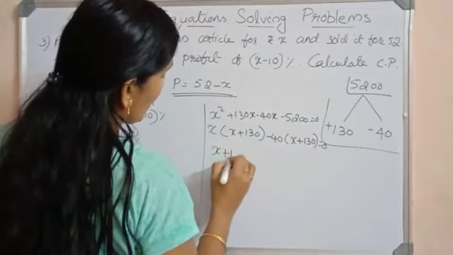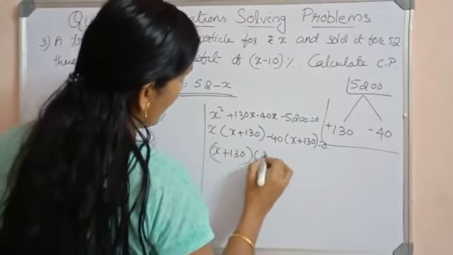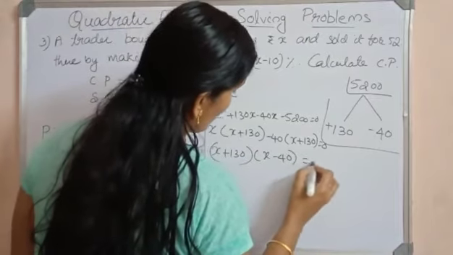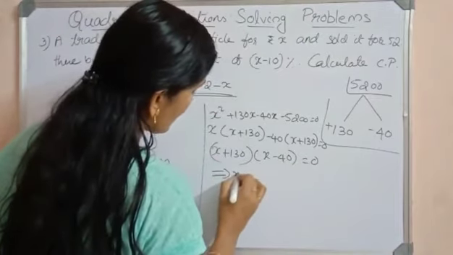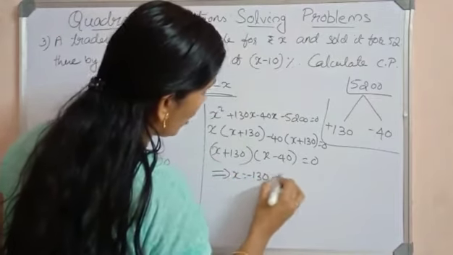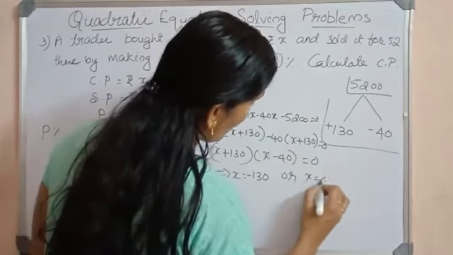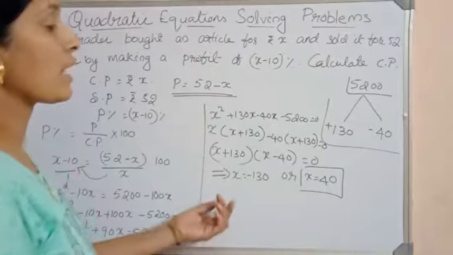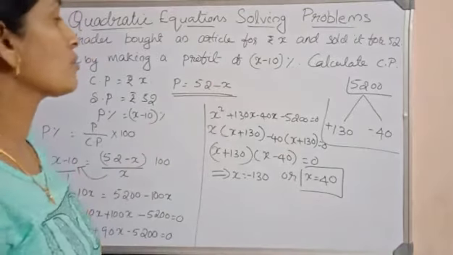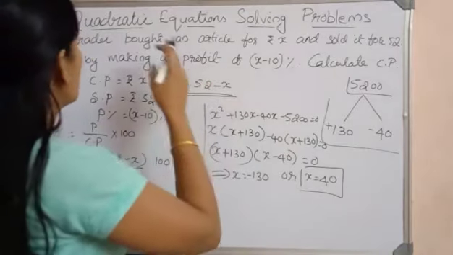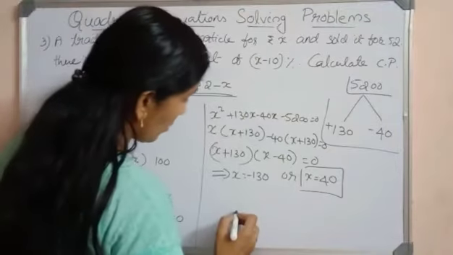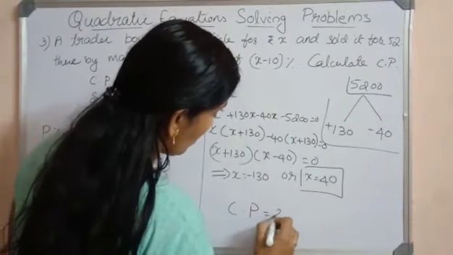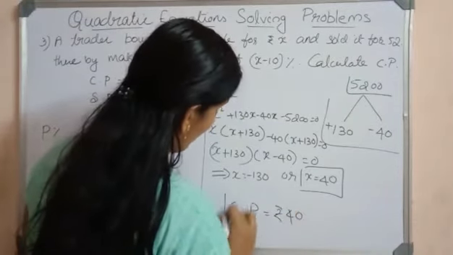So (X plus 130) into (X minus 40) is equal to 0. This implies X is equal to minus 130 or X is equal to 40. So these are two values you are getting here, and the price cannot be negative. Therefore, the cost price of the article, CP, is equal to rupees 40.